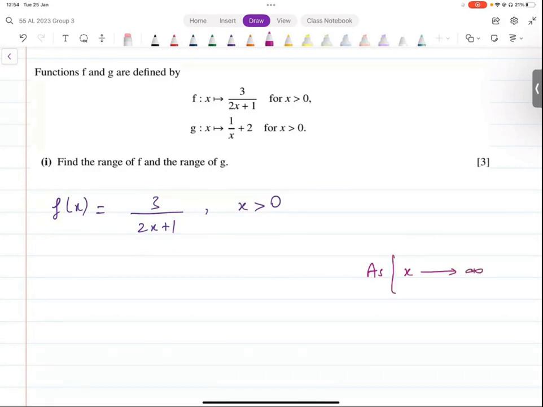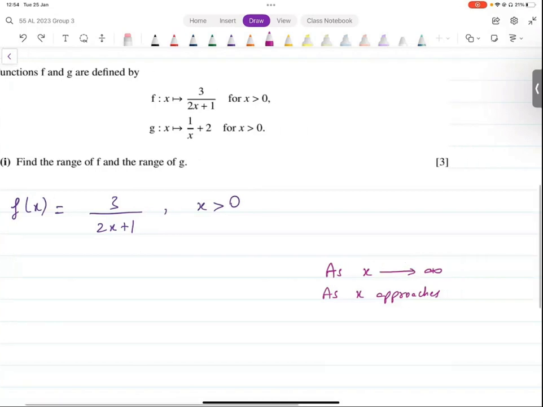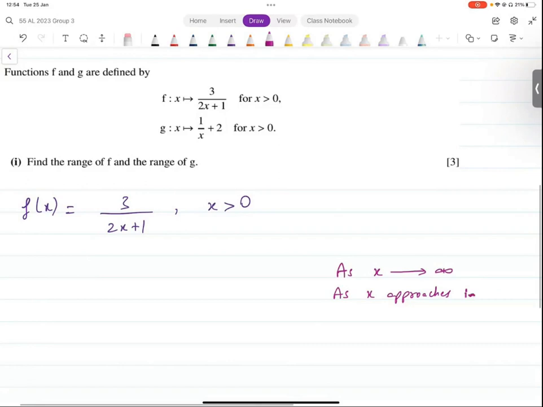जब मैं ये लिखूंगा ना, इसका मतलब क्या होता है? इसका मतलब है as x approaches, ये जो arrow sign है, this translates to approaches, and then you have infinity here: as x approaches infinity.